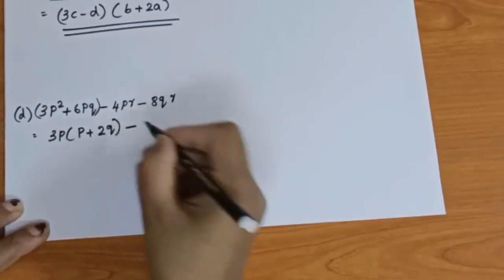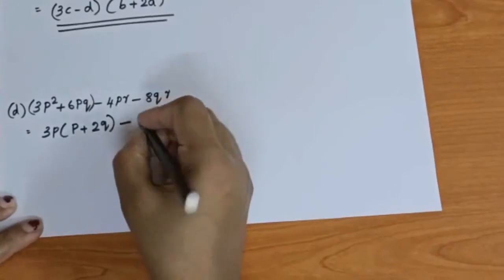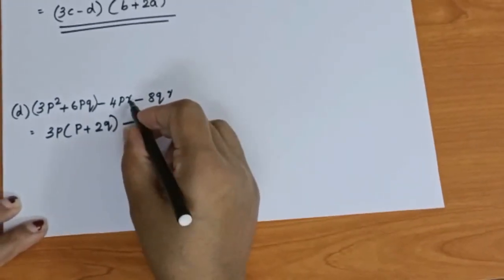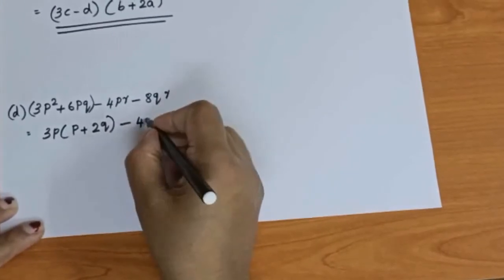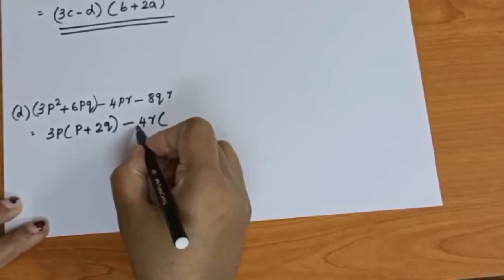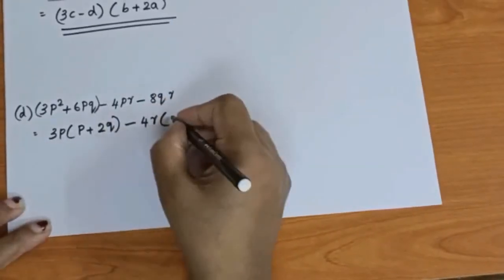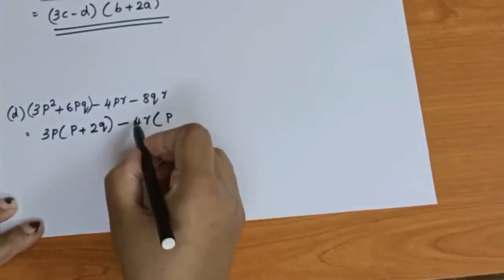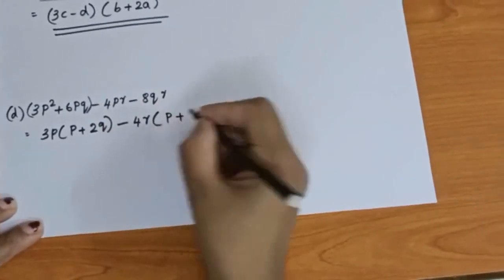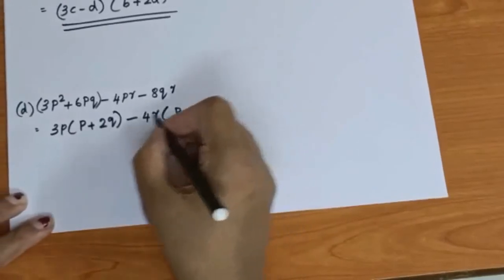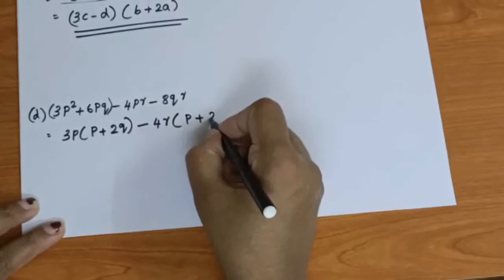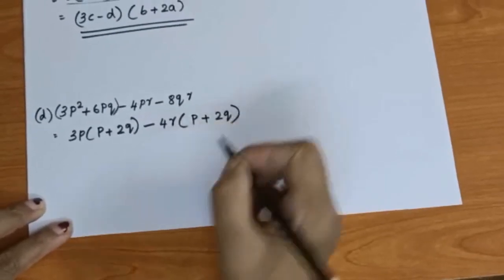The sign of 4pr is negative, and 8qr is negative, so negative is common here. 4 and 8 are in table 4, so take 4 outside. r is in this term also, so we can take r outside. When we are taking negative 4r outside, p is the balanced thing. When we take the negative commonly outside, it will automatically become positive, plus 4 table, 4 2s are 8, so 2 and q is also balanced.